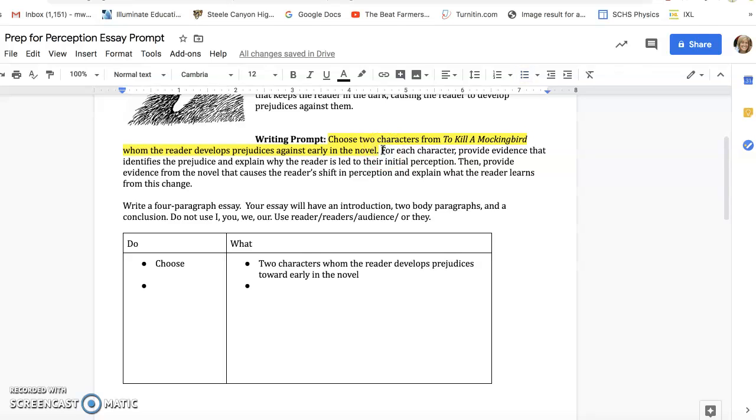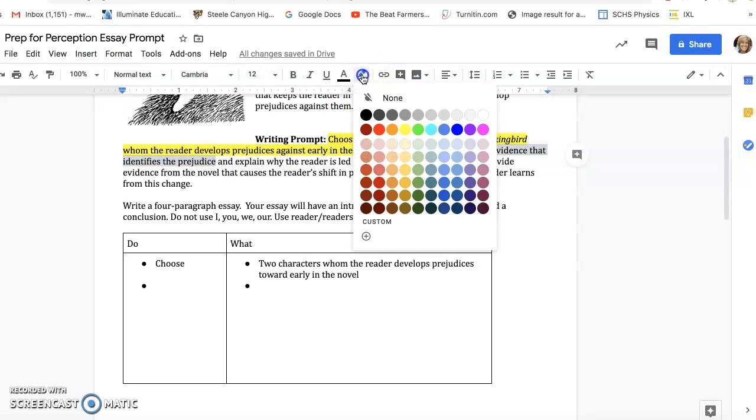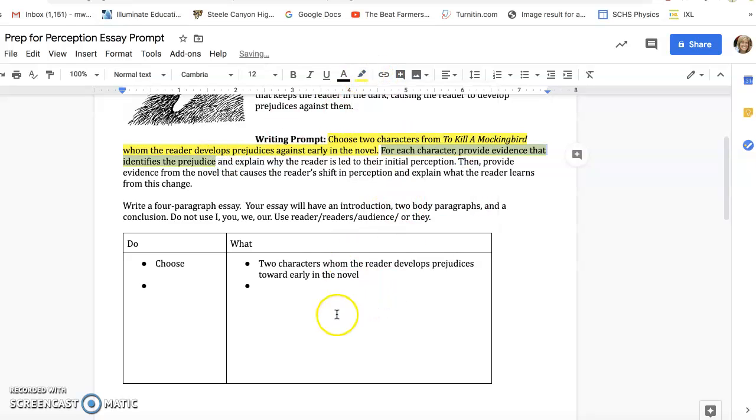Okay, so the next part. For each character, provide evidence that identifies the prejudice. So right there, what is the verb? For each character, what does your teacher want you to do? Your teacher wants you to provide. And what are you providing? You're providing evidence that identifies the prejudice.